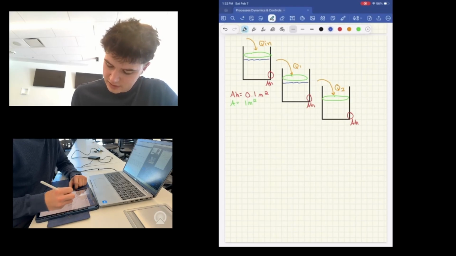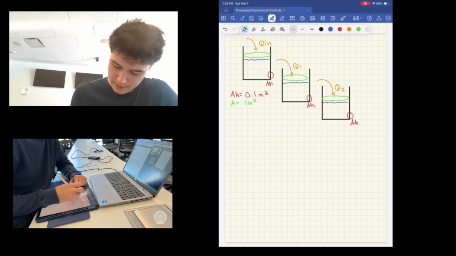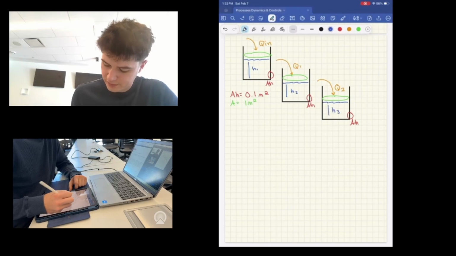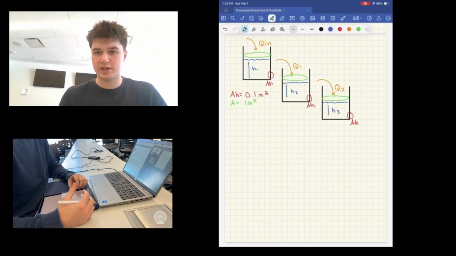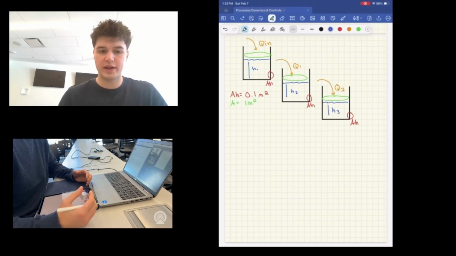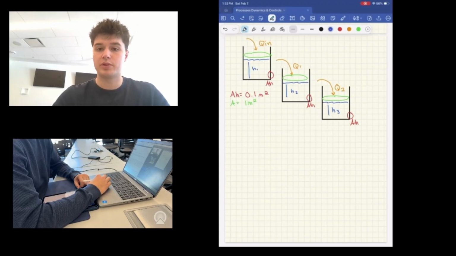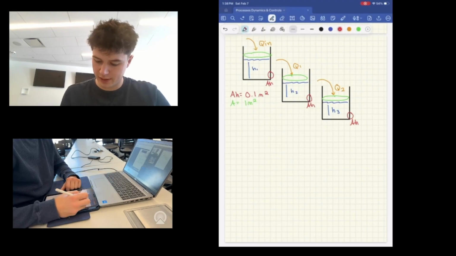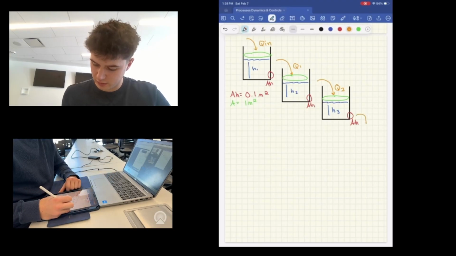In each of these tanks, all at different heights, we will label this H1, H2, and H3. So, this is our depiction of the process that we will be working through, and next we will be deriving the dynamical material balance. Okay, so I realized I forgot to draw this final outlet stream here, Q out.